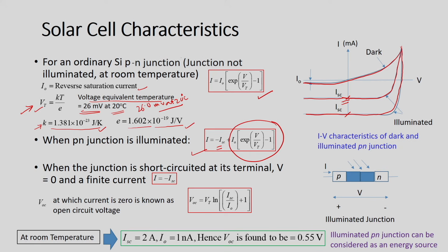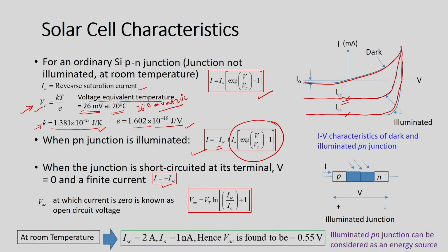When the junction is short circuited at its terminals, V is 0 and a finite current I is equal to ISC will flow through this junction from the positive terminal to the negative terminal. This current is known as the short circuit current.